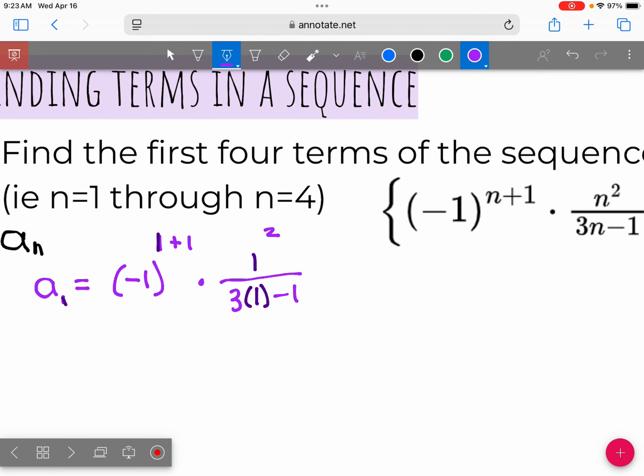It's 1/2. Because our -1 to the power of 1 plus 1, so -1 squared gives us 1. 1 squared over 3 minus 1 is 1/2. So we have 1 times 1/2. So this one simplifies down to be 1/2.